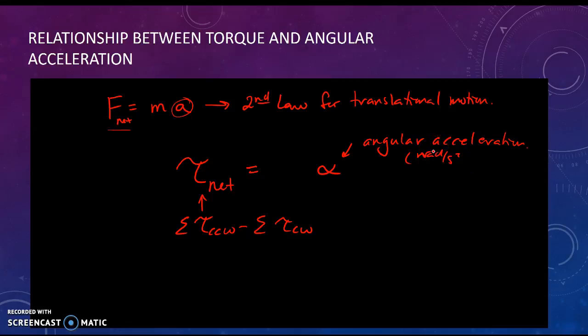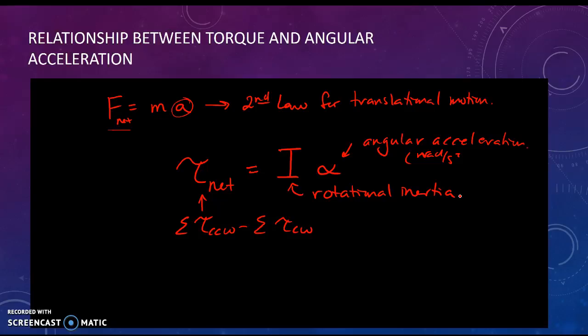Okay, so far so good. What takes the place of the mass? And this is where it gets a little weird. What takes the place of the mass in the equation is something called the rotational inertia. This rotational inertia will be different for different objects, and it depends on their shape as well as their mass.